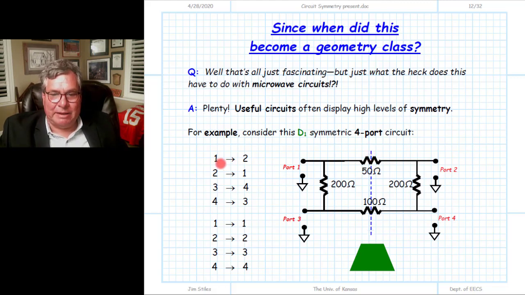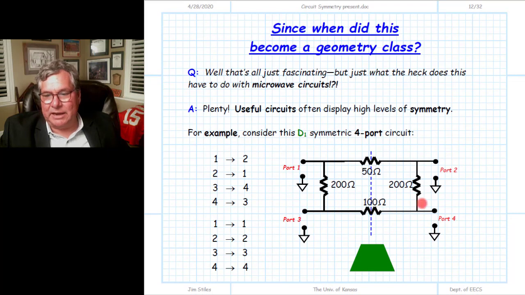If port 1 goes to port 2, and port 2 goes to port 1, and port 3 flips over to port 4, and port 4 goes to port 3, when we're done, we have the same circuit as what we started. If we erase the port labels, we couldn't tell the difference between the original circuit and the new circuit, quote-unquote, after reflecting across this plane of bilateral symmetry.